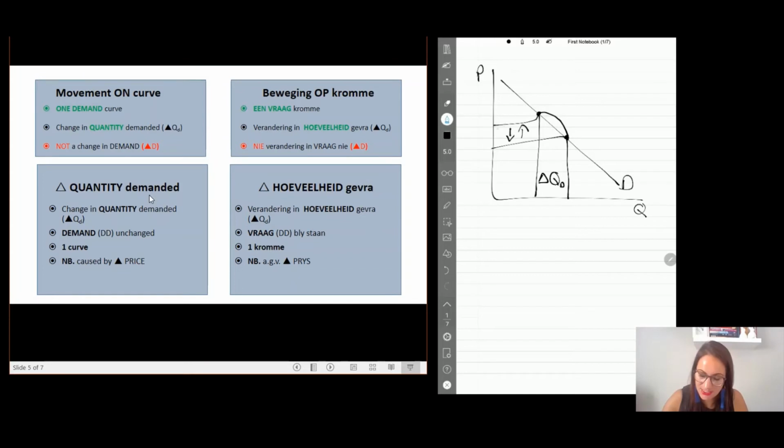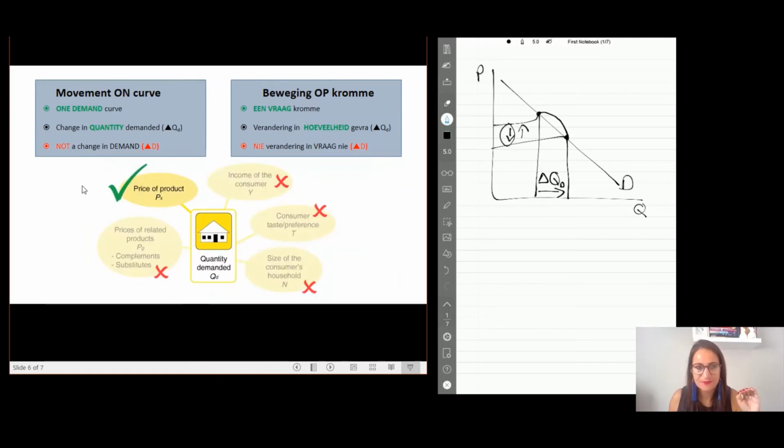Because if we say the price decreased, then we will see an increase in quantity demanded. So there's a change in quantity demanded. That is the difference. So there's only one curve, and it's along the curve. And again, it's only the price of the product, nothing else, just the price.